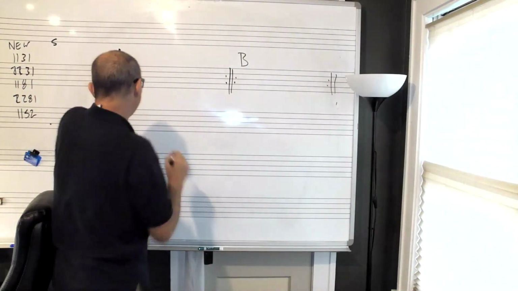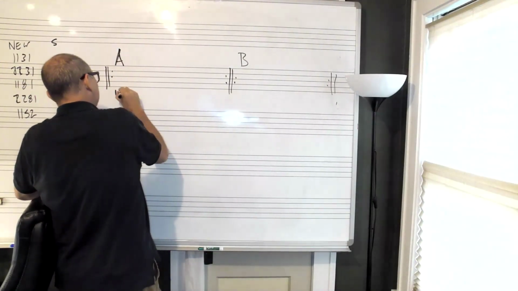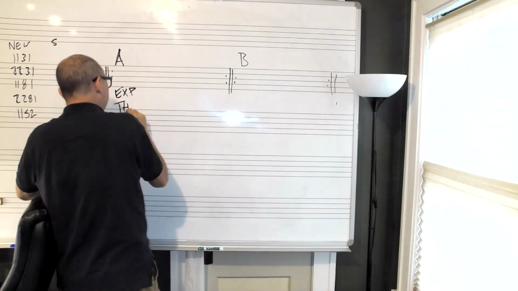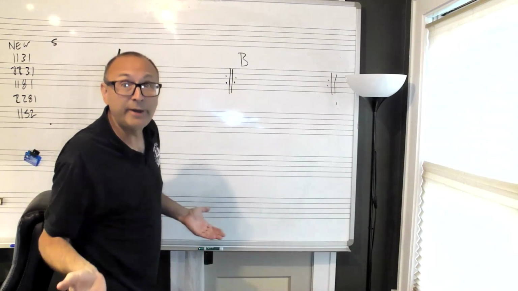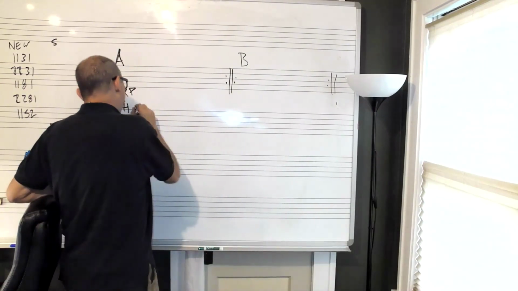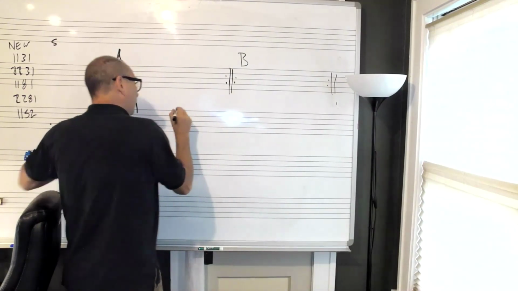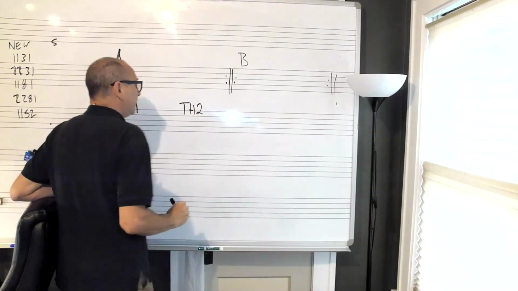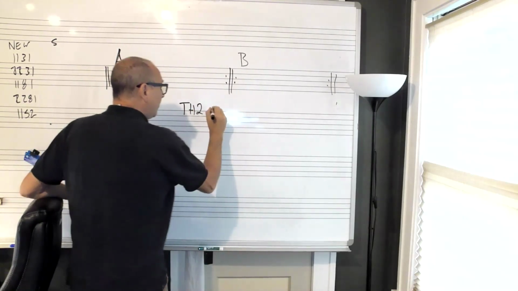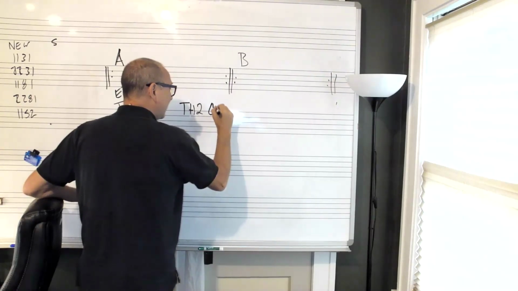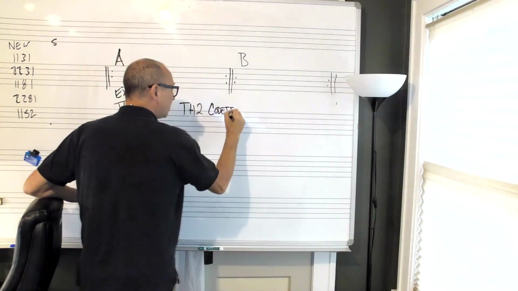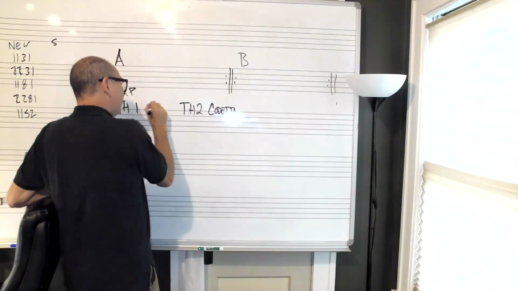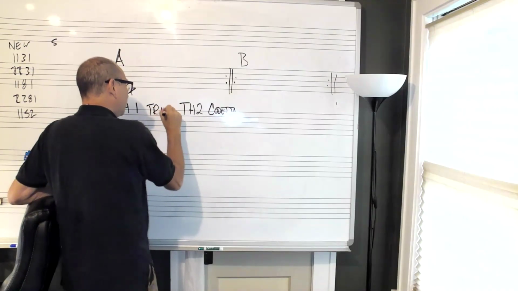So for the exposition, we're going to have theme 1, or I like to think thing 1 and thing 2. Thing 1, and then theme 2. And then we have coda, or codetta. And then to get from theme 1 to theme 2, we have to have a transition.